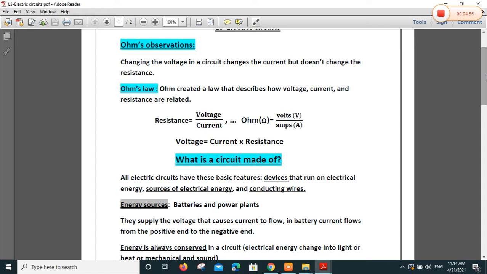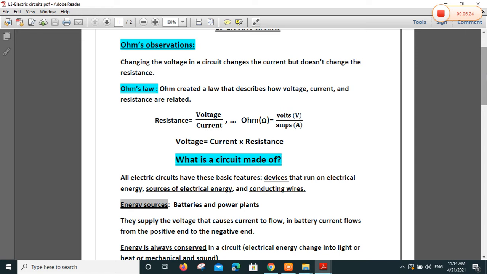So we have three basic features for making any circuit: devices that run on electrical energy, sources of electrical energy, and conducting wires.